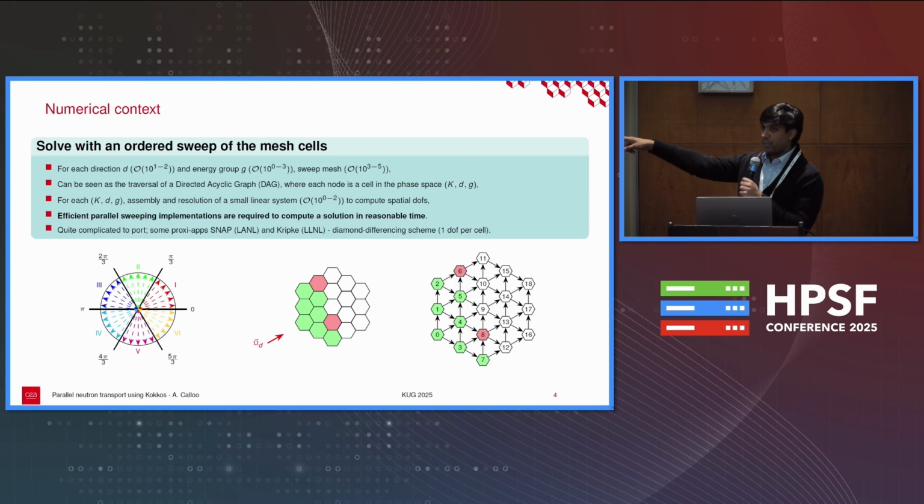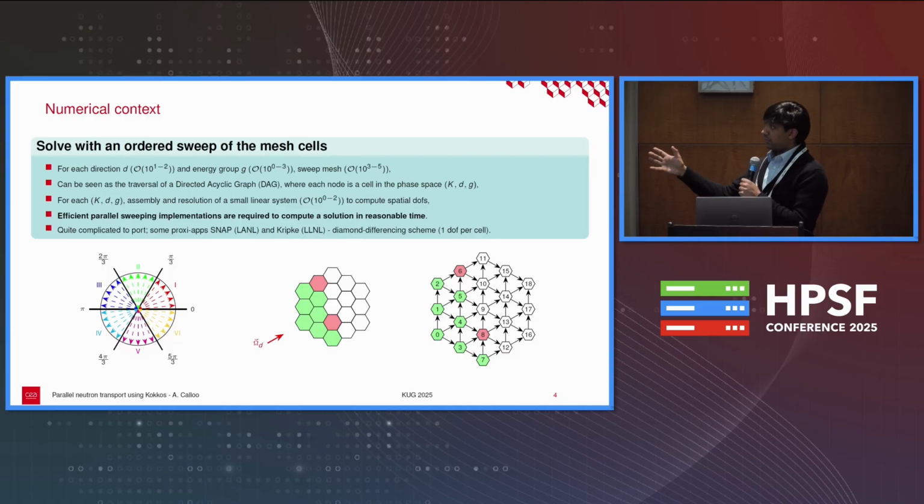You can't compute 4 yet, because it also depends on the outgoing flux from 3 and 1. So you would proceed in a wavefront manner, moving from one wavefront to another as you progress into the problem. This problem is very complicated to expose parallelism on, and we have to do efficient parallel sweeping to expose more and more parallelism to be able to tackle GPUs.